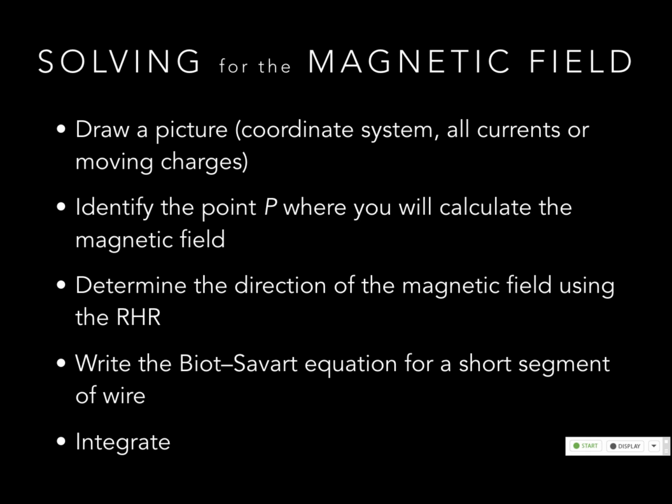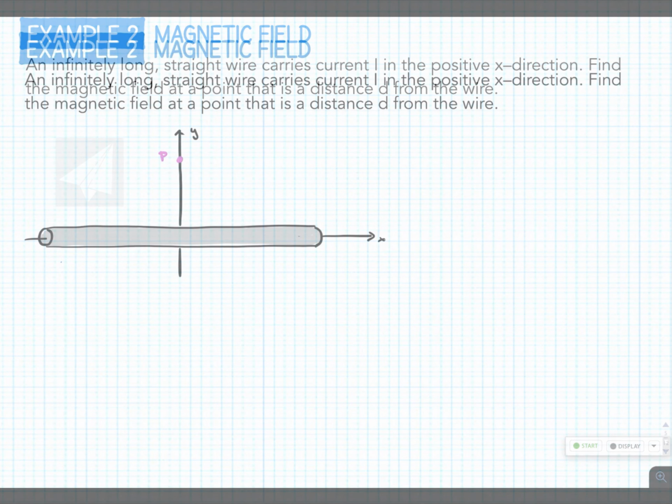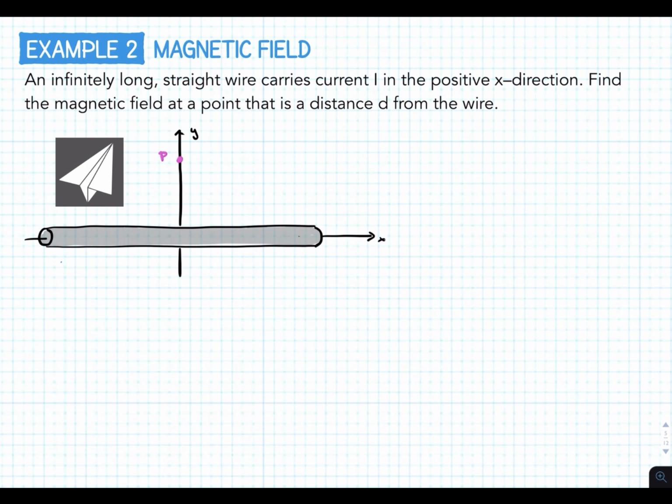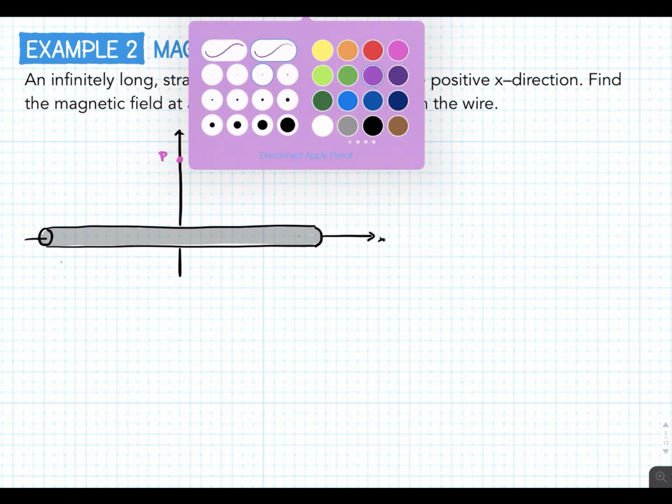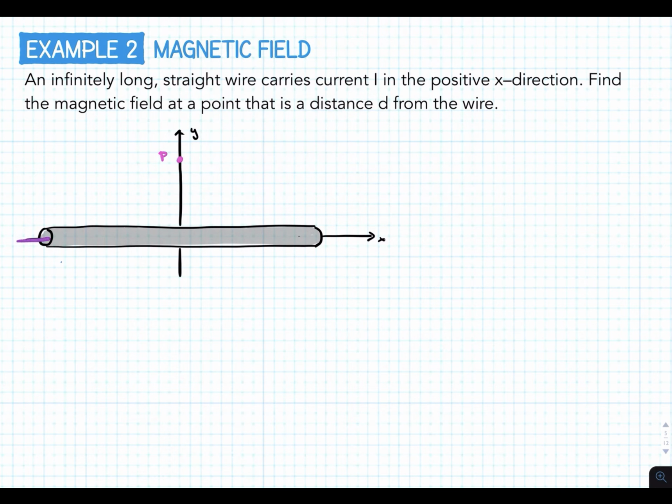Okay, and so I'll walk you through a standard one. All right. So here we have our infinitely long and straight wire. And obviously it's pretty hard to draw this as infinite, but it's laying along the x-axis. We want to know what the magnetic field is at P, and we also know that this wire has a current running in the positive x direction.